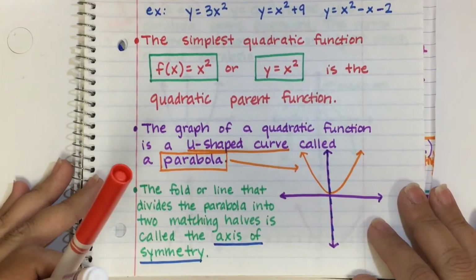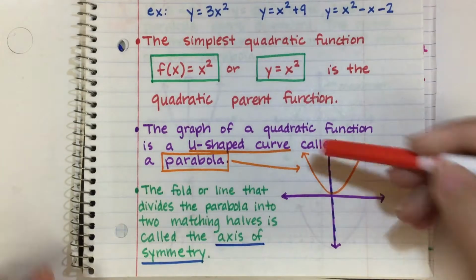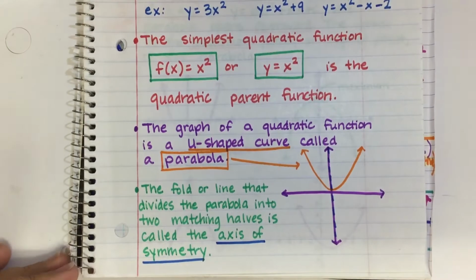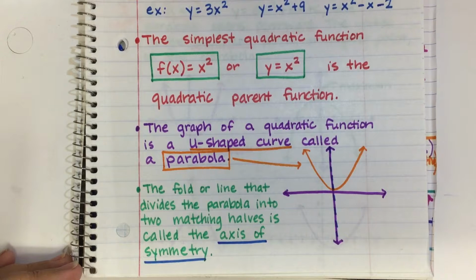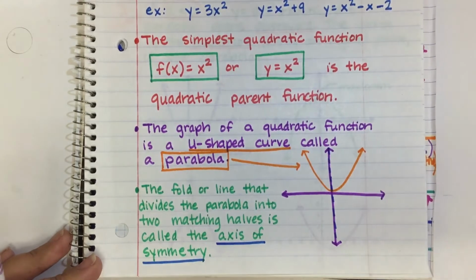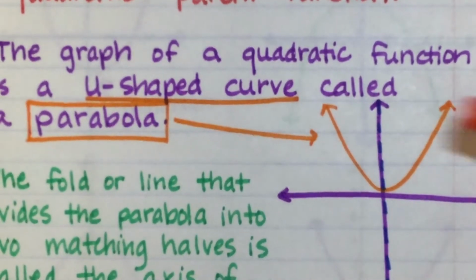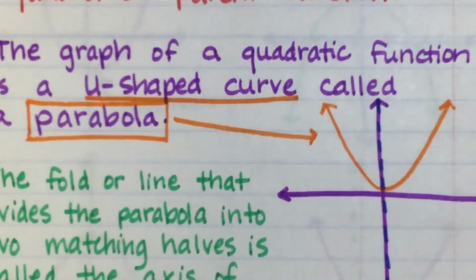Alright, the graph of a quadratic function is a U-shaped curve called a parabola. So this curve here, we refer to that as a parabola. And the fold or the line that divides the parabola into two matching halves is called the axis of symmetry. It's kind of hard to see here, but there's a navy dotted line that goes through the center of that, and that's your axis of symmetry.